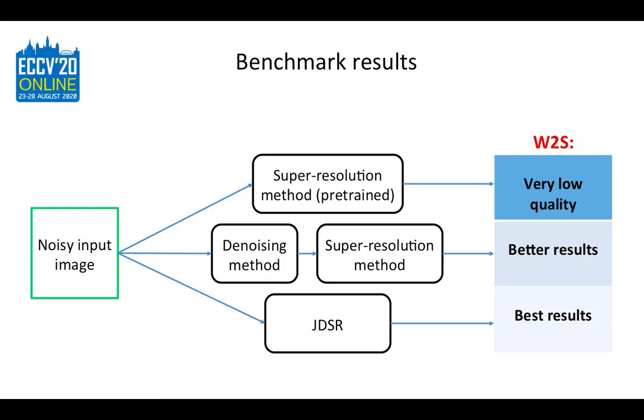One interesting observation is that applying the best denoiser in terms of reconstruction error followed by the best super-resolution method does not necessarily yield the best final result. We also observe from the experimental results that the networks benefit from joint optimization for denoising and super-resolution, which yields the best results on our benchmark.